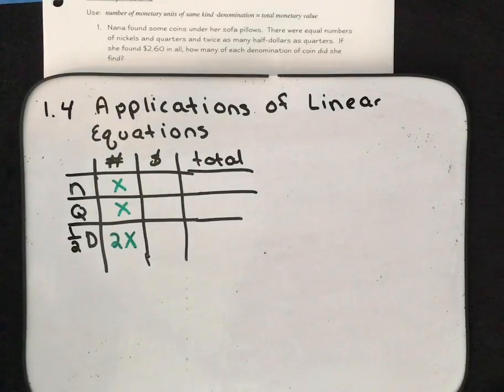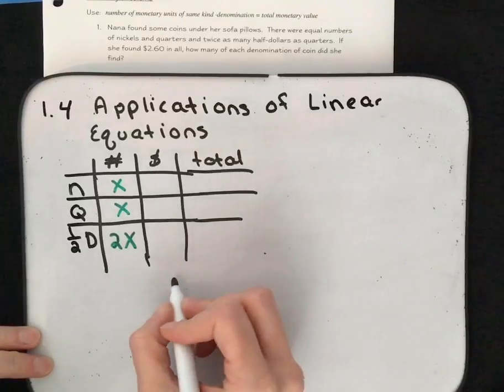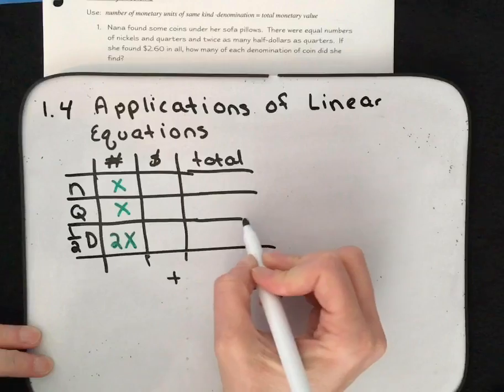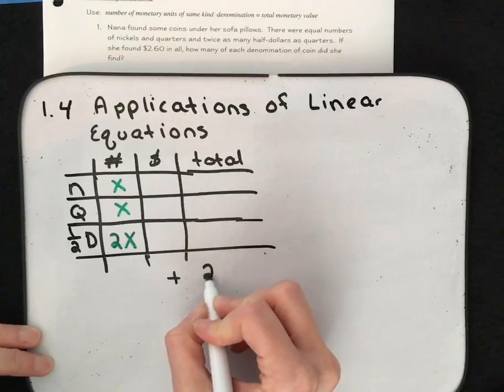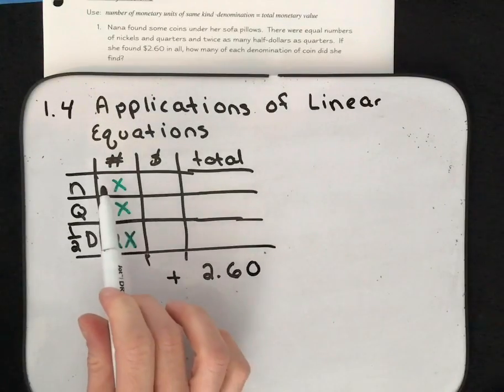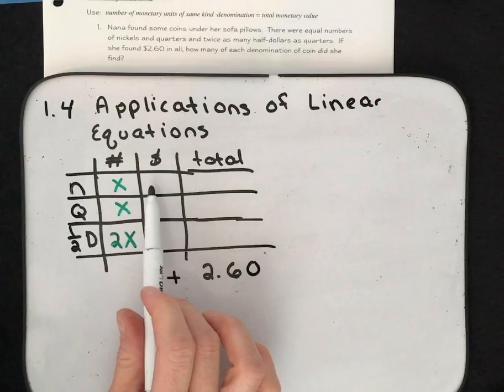We know the monetary value of each. We know ultimately at the end it says if she found $2.60 in all. So when I add up all these other columns, going straight down, the total needs to be $2.60. Well, in order to figure out the $2.60, I need to know how many nickels we have because that would give me the value of the nickels.